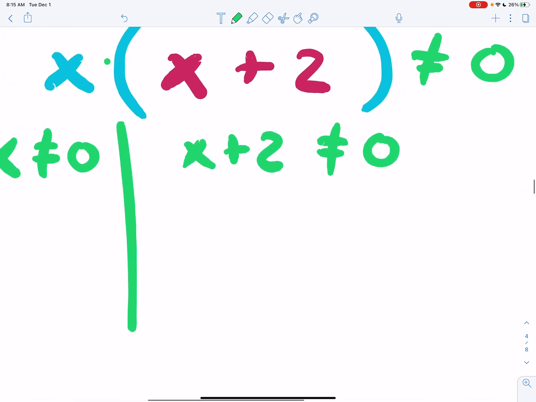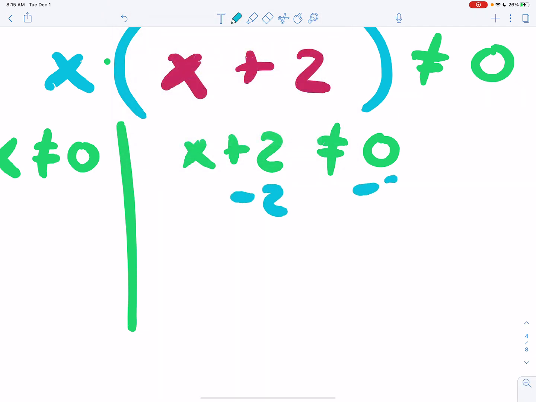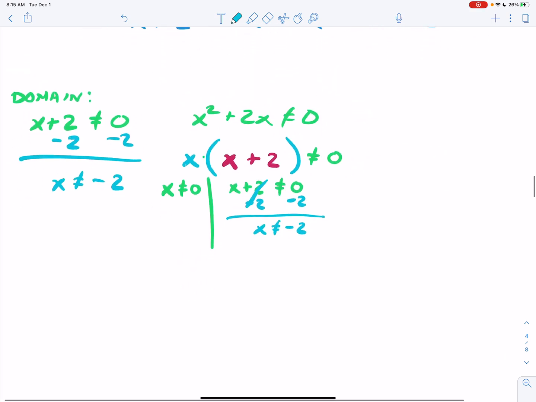Here, x is not. So I'm going to go ahead and solve it here quickly. So x cannot be -2, and x cannot be 0. But notice how these two are the same, right? So there's really no need to write it out twice. So all in all, we have to make sure that x is not 0 or -2.